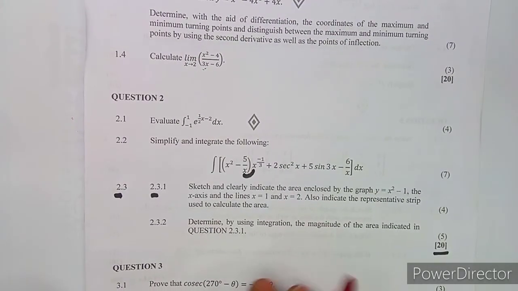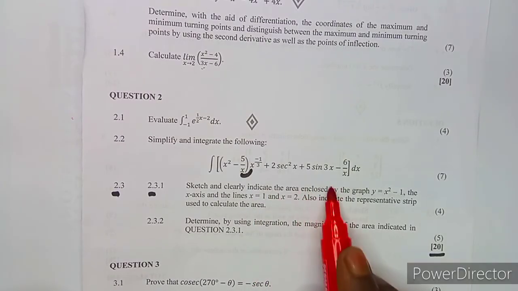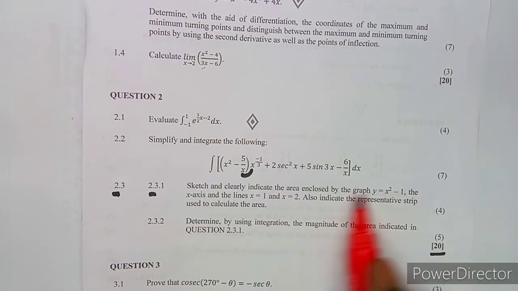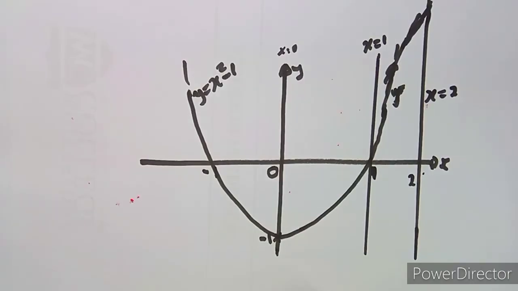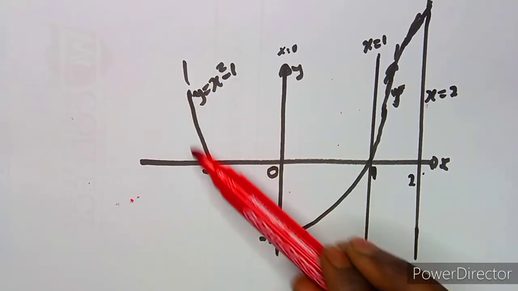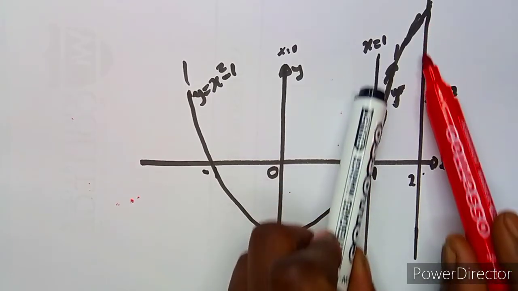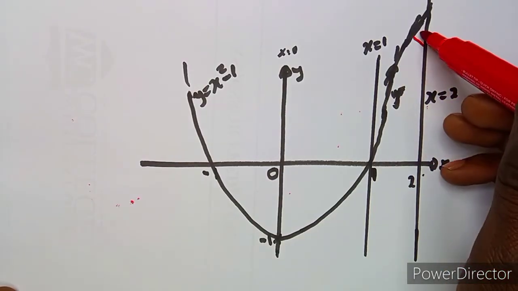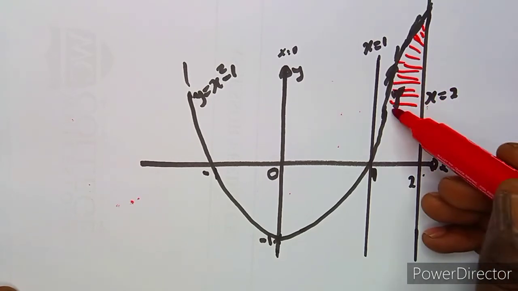Take note, this area that we want to indicate is enclosed, which means it's covered by this graph, the x-axis and these two lines. So which area are we talking about? This is the area here that is enclosed.